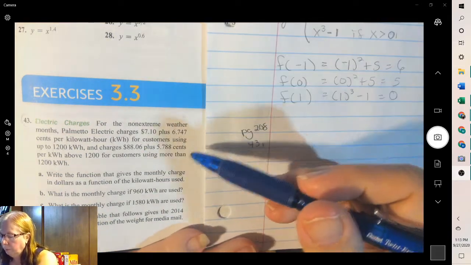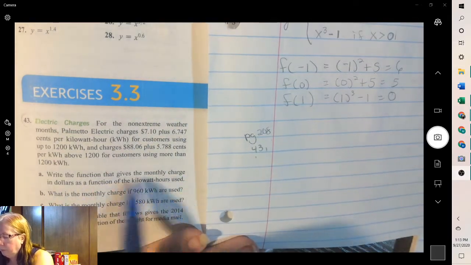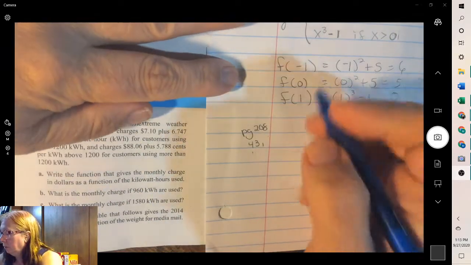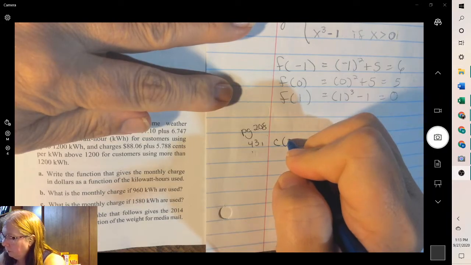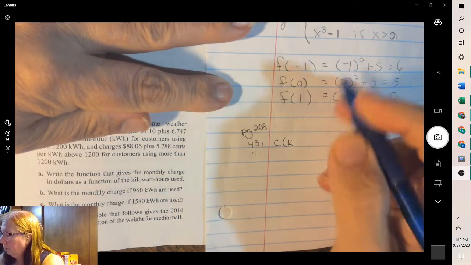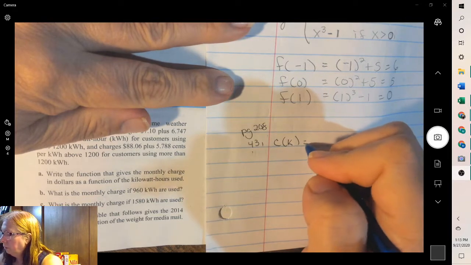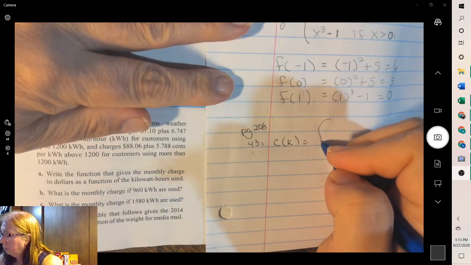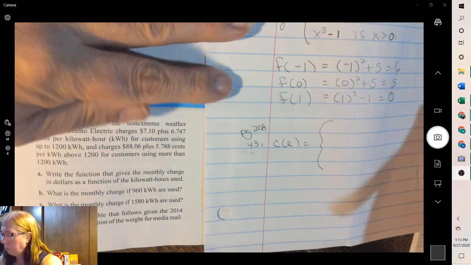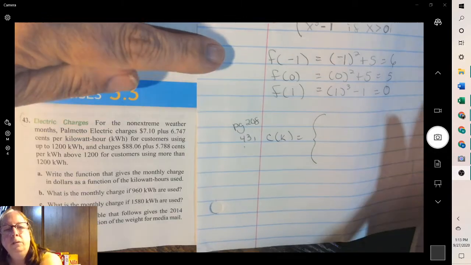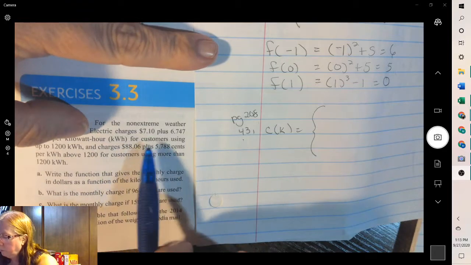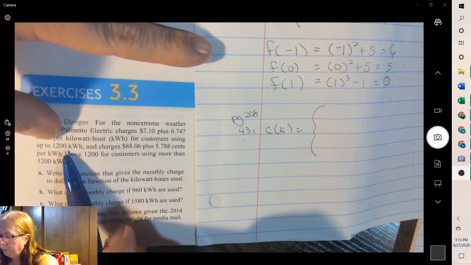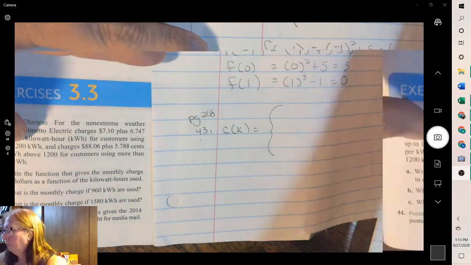And so the first thing they want to do is write a function that gives the monthly charge in dollars as a function of kilowatt hours. So cost, kilowatt hours. And they told us that for customers using up to 1,200 kilowatt hours.